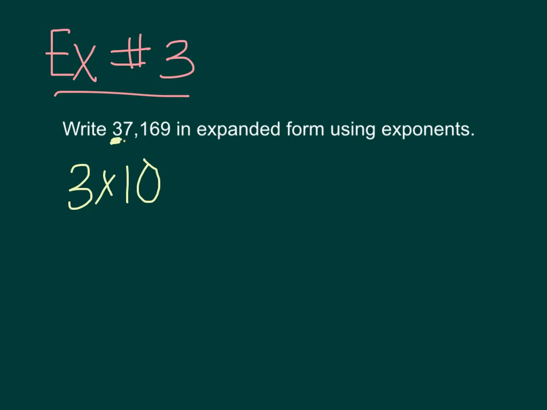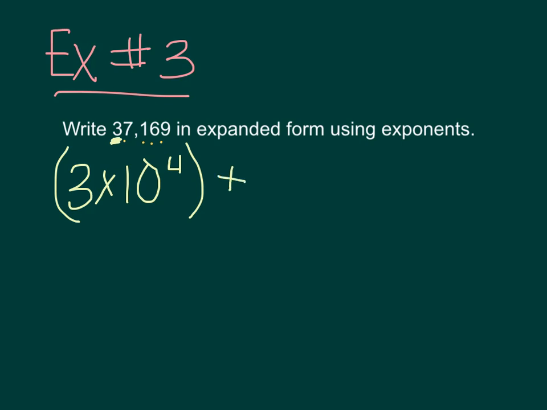So 1, 2, 3, 4 places, and that becomes your exponent. So 3 times 10 to the 4th power. If I multiplied 10 to the 4th power times 3, it would get me 30,000. Now we put that in parentheses because we're not done.